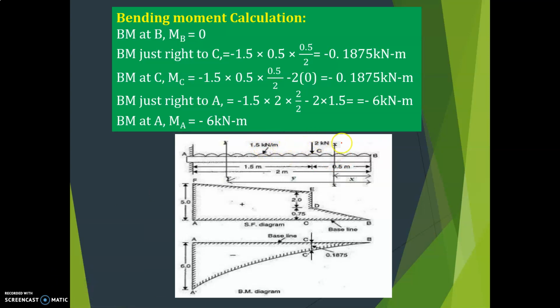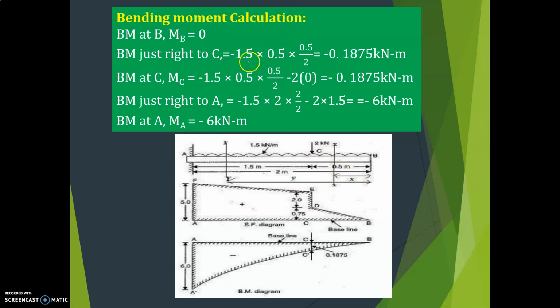Okay, this is acting here, we are considering till here. Okay, so that is 1.5 into 0.5 into half of 0.5 because it is UDL. So force into distance that you convert into load. Then again you have to consider this is moment. So force into perpendicular distance. So half of 0.5 that you have to consider, 0.25.